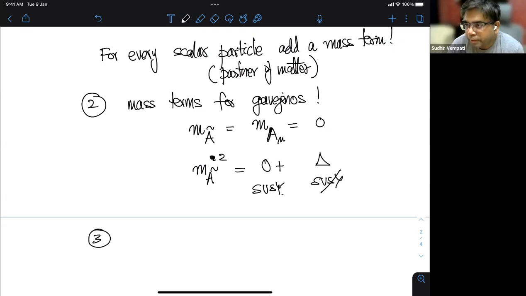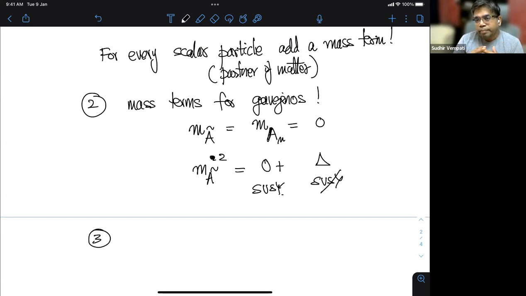So, the order of the mass term depends on the experiment, say, for example, on the present knowledge. Theoretically, there is no limit. Theoretically, you can push it to any scale you want.